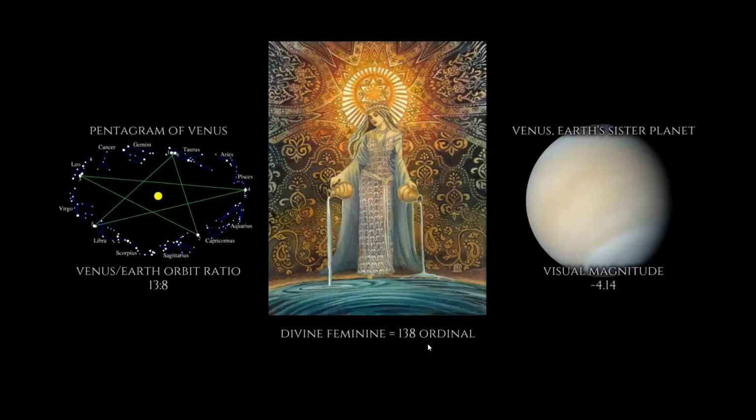The other important 138 here is this Venus to Earth orbit ratio. Venus orbits the Sun 13 times for every 8 times that the Earth orbits the Sun. And from the geocentric perspective, from the Earth observer perspective, this ratio creates what's called the pentagram of Venus.